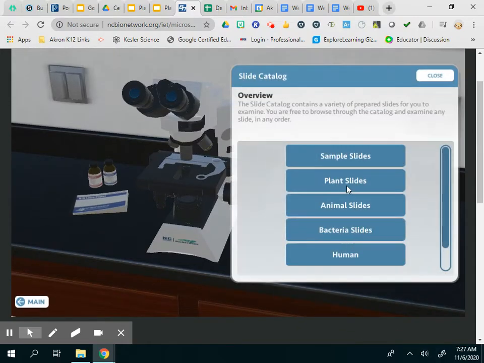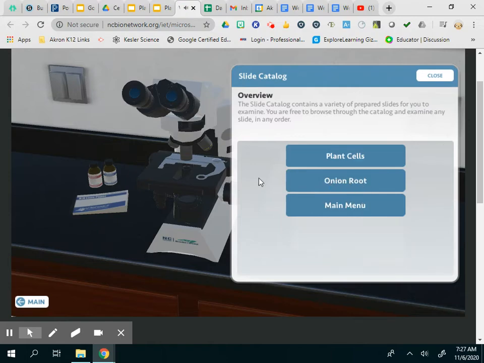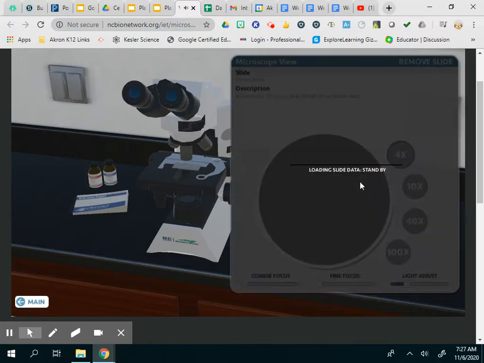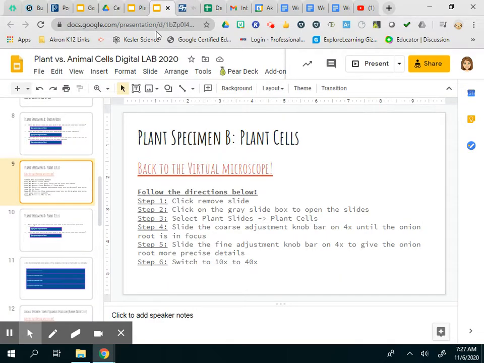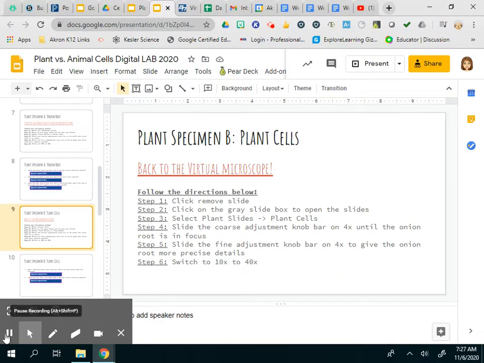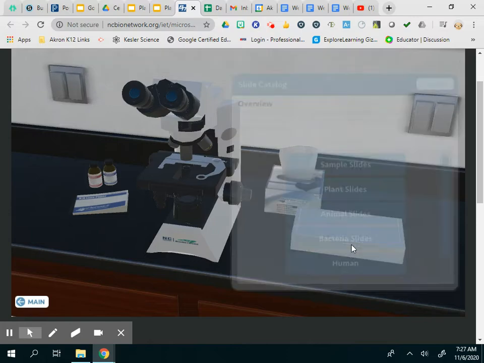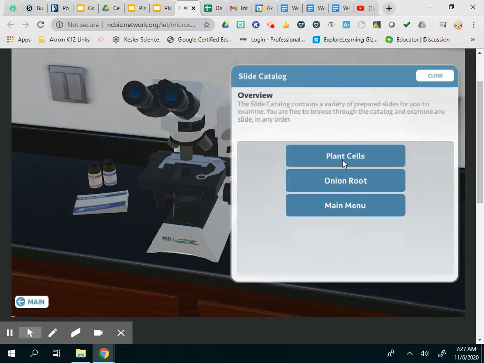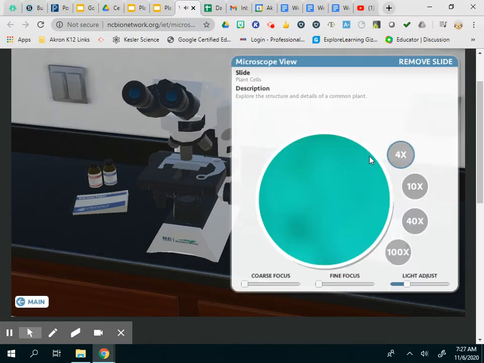We're going to go back in, get plant slides. So I noticed there's a typo on here. I'll have to fix it. We're looking at plant cells. So we're going to go in to the box and get plant slides and the plant cells.